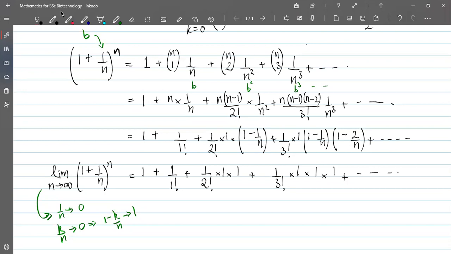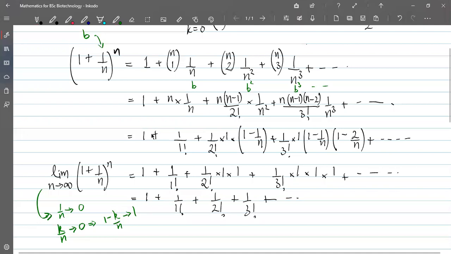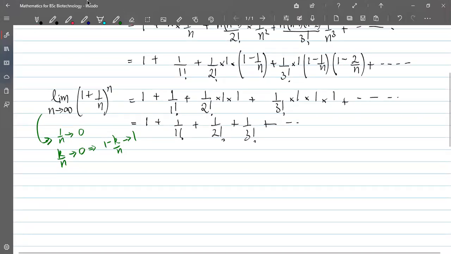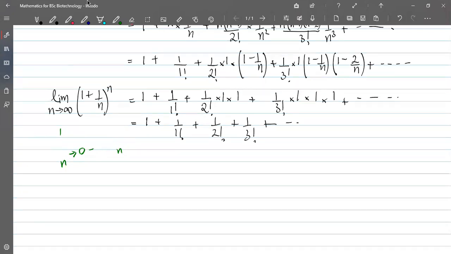So finally, what is this? 1 plus 1 by 1 factorial plus 1 by 2 factorial, then 1 by 3 factorial, and so on. If you want to write it in summation notation, this is summation k equals 0 to infinity 1 upon k factorial.